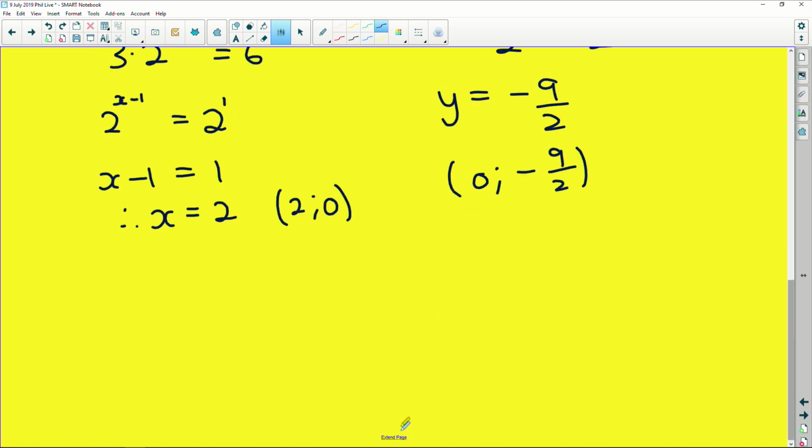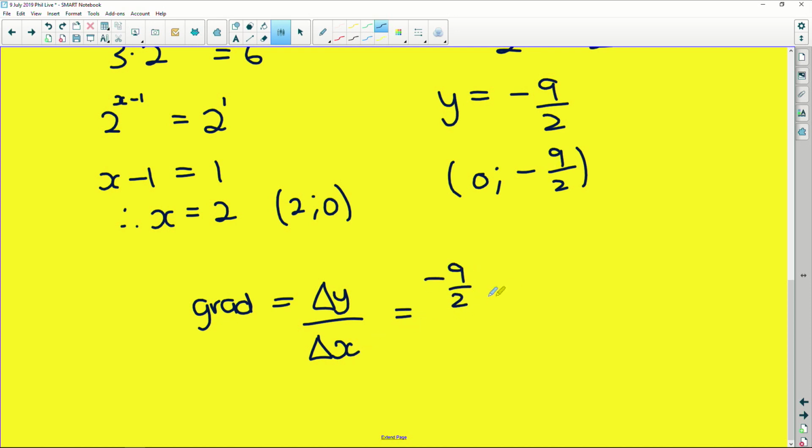Now, all we've done is find the intercepts. Remember, the question said find the average gradient between the intercepts. So remember, gradient is equal to change in y over change in x. That's going to give us negative 9 over 2 minus 0, because y minus y, all over the first x value, which is 0, minus the second x value, which is 2.